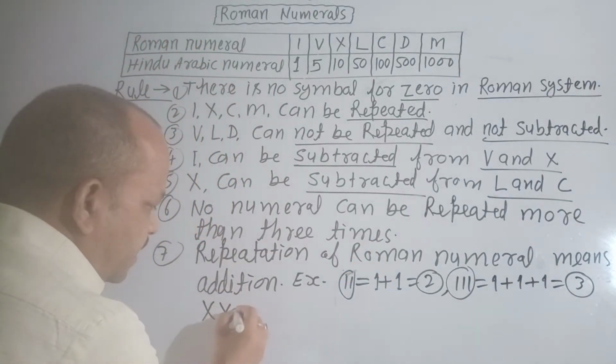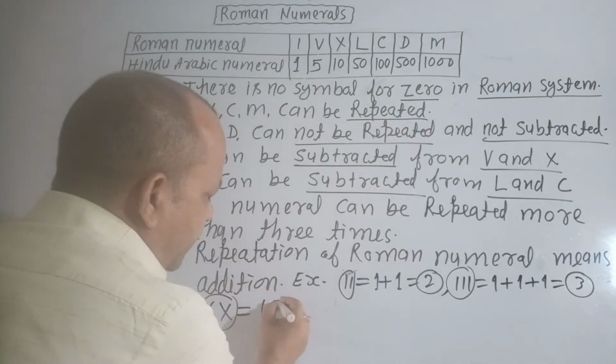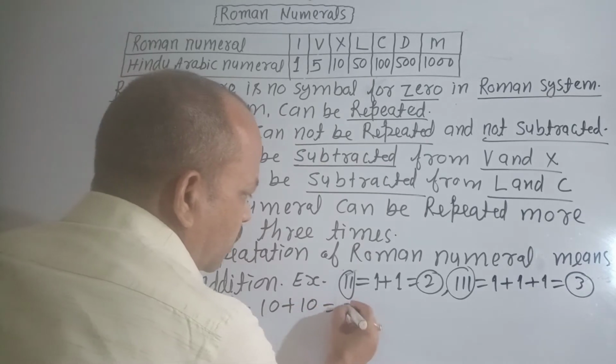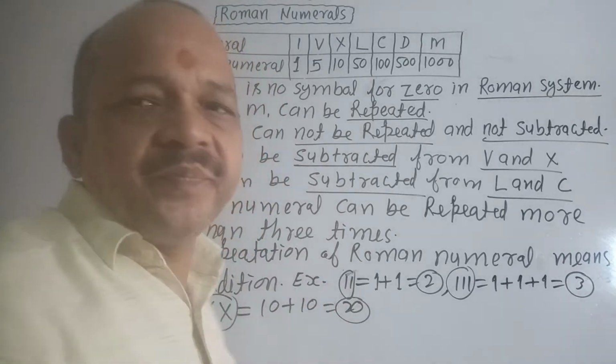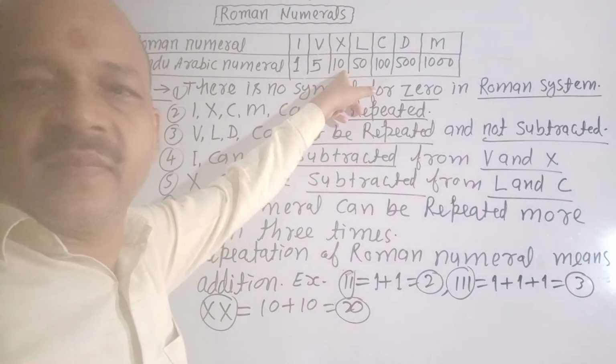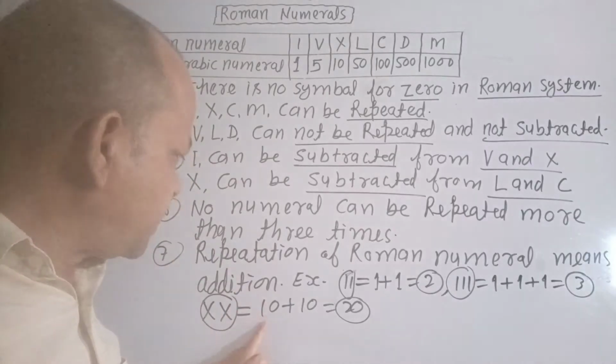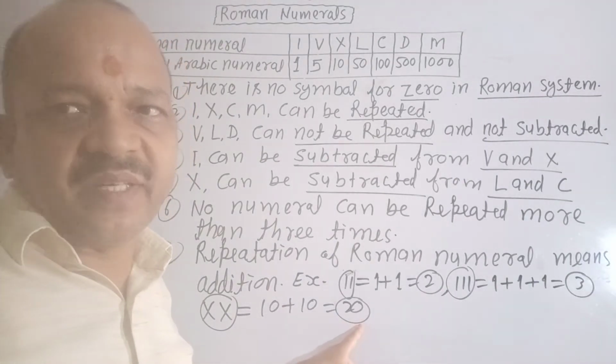Next, XX equal to 10 plus 10 equal to 20. The value of X is here 10. X repeated 2 times means 10 plus 10 equal to 20.